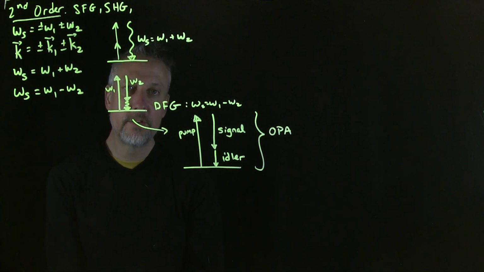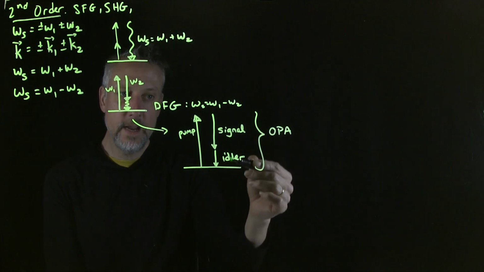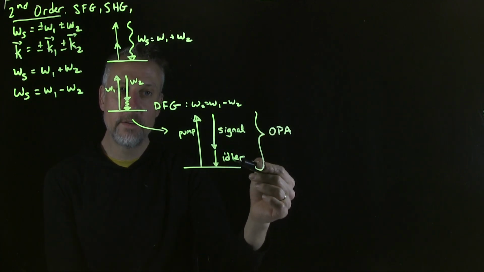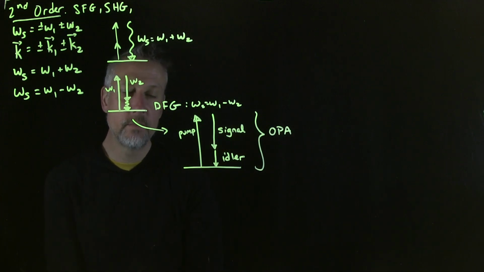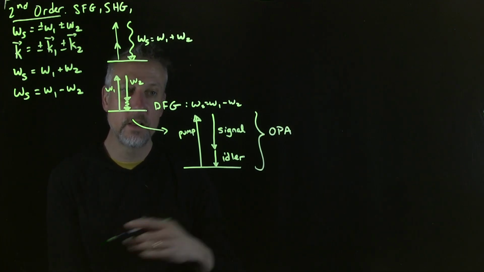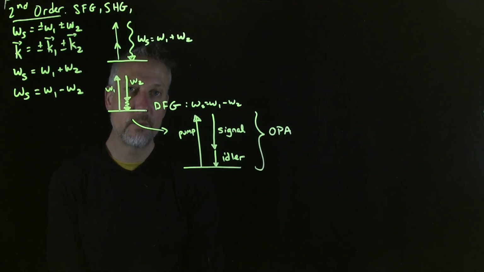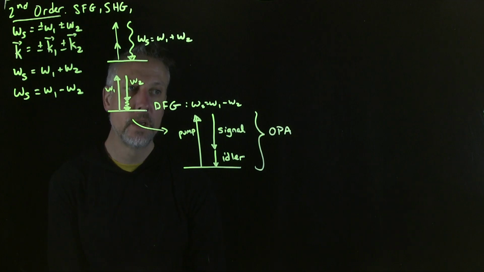And so this is a generic tool that allows us to essentially create any combinations of signal and idler that add up to the pump, with some technical details of the material that you're using in the laser and all that stuff. So it's a very, very powerful tool for generating light tunable across extremely large ranges of the electromagnetic spectrum, particularly of interest to chemistry. So that's one thing, OPA.